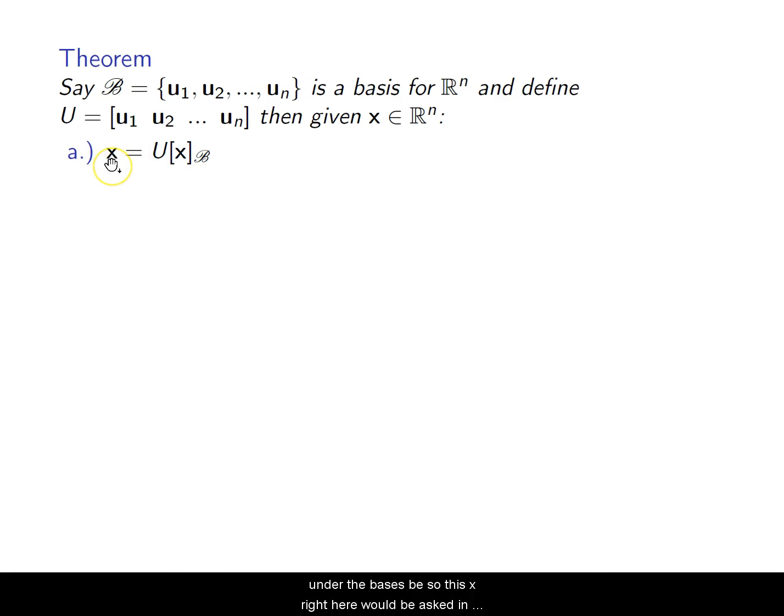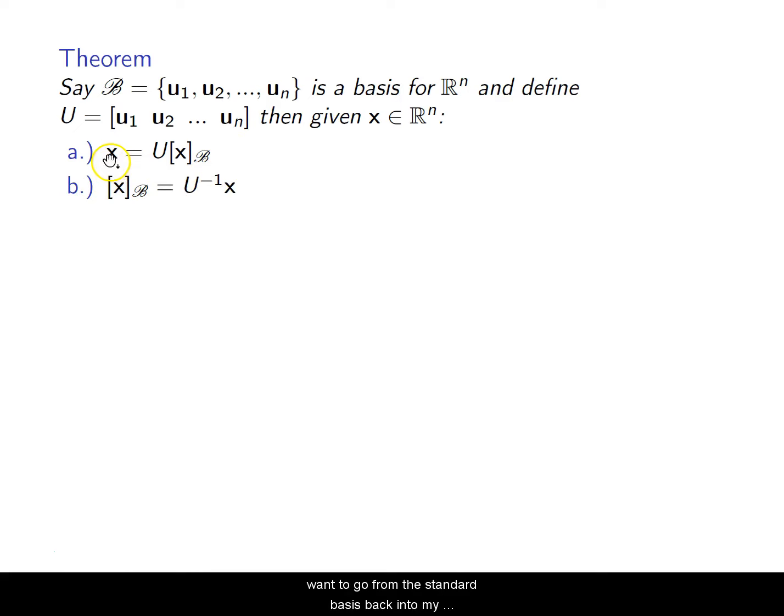So this x right here would be x in the standard basis. Right, so the standard representation of x is that basis matrix times the representation of x in that basis. Same thing here.